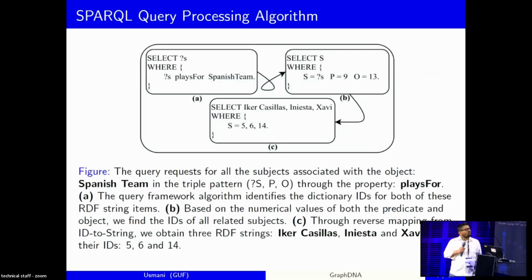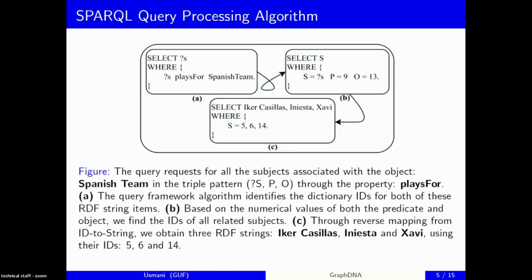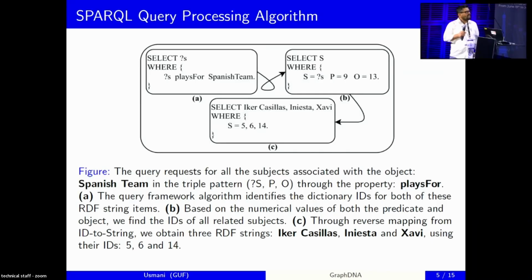Here is an example of a SPARQL query. We want to know about all the subjects who play for a Spanish team. First we translate "plays for" and "Spanish team" into equivalent IDs. Based on those IDs, we find the corresponding list of subject IDs, and based on that list of IDs, we convert back to subjects.